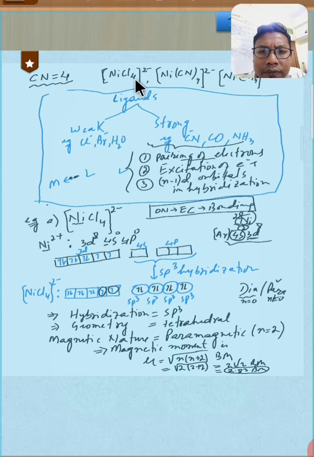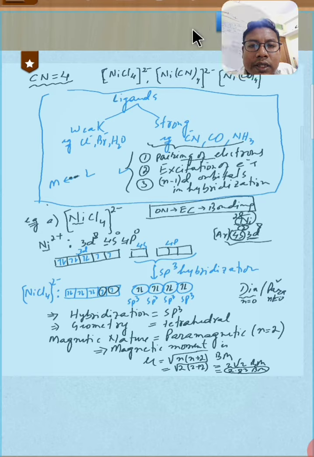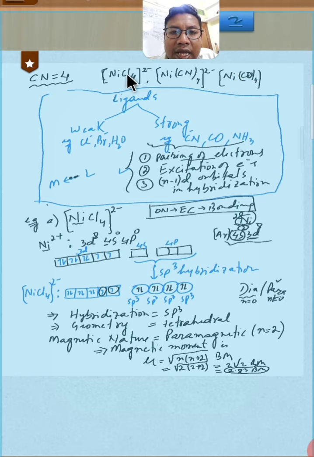In coordination number 4, some common examples of complexes are [NiCl4]2-, [Ni(CN)4]2-. These two are the same, but Cl and CN are different. Cl is a weak ligand while CN, cyanido, is a strong ligand.